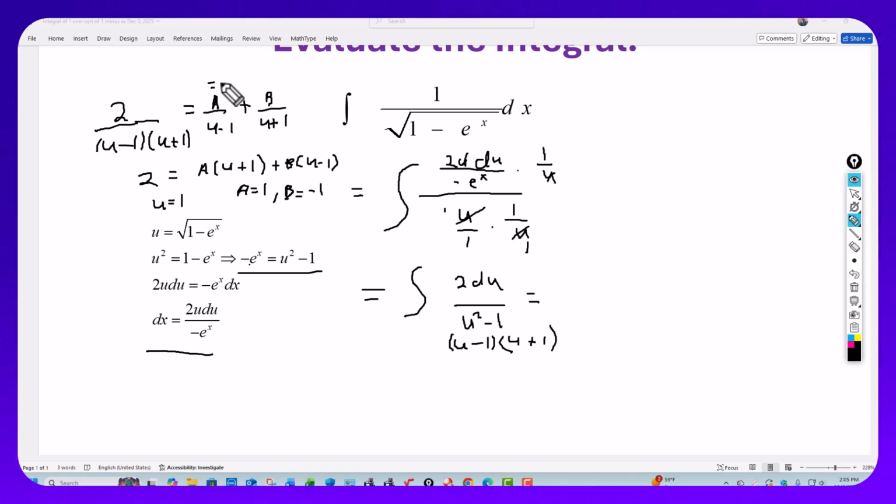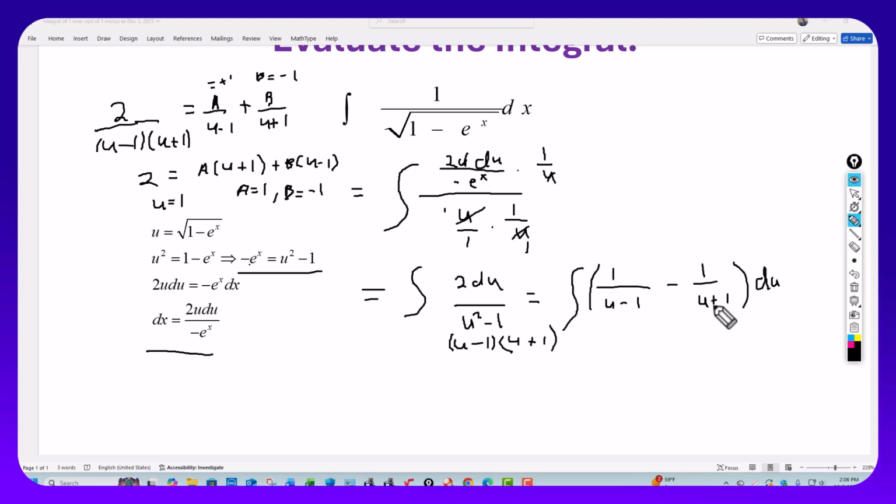Up here, a is positive 1 and b is negative 1. We come over here then and set up our integral. So it'd be 1 over u minus 1, and then minus 1 over u plus 1, du. The derivative of the denominator is 1 for u plus 1 as well.